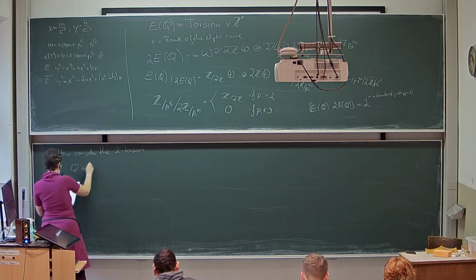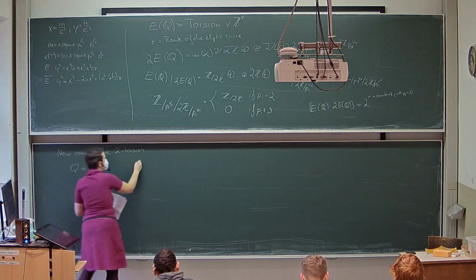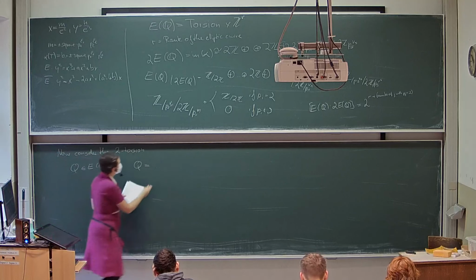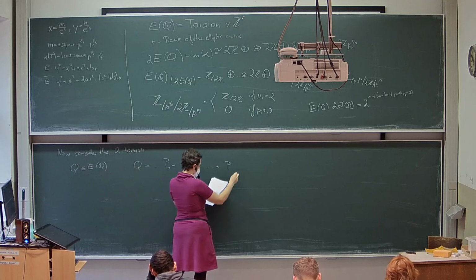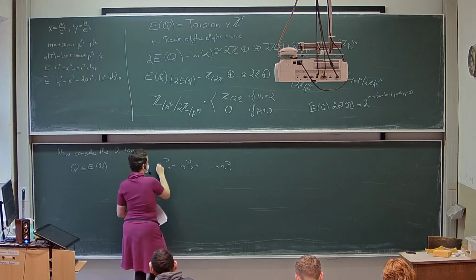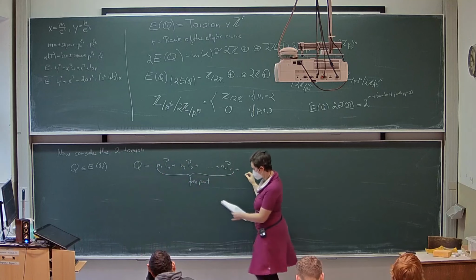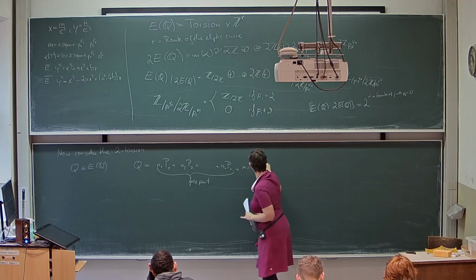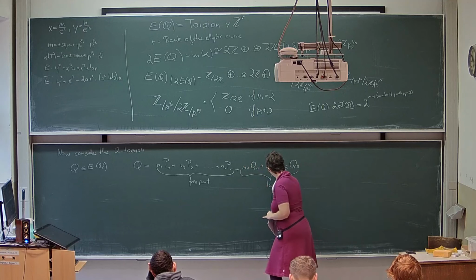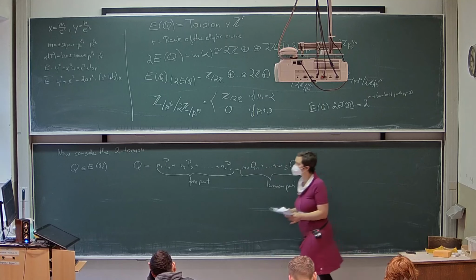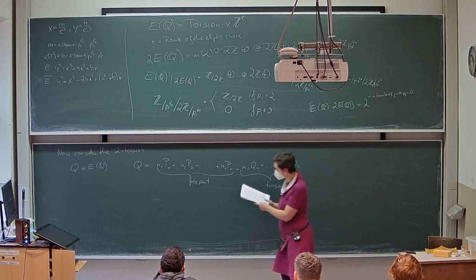So for just any point, since the group of rational points is finitely generated, we can of course find points in the free part, I take R, that we add up, and points in the torsion part, I call them Q, such that we can have Q as a linear combination of points from the free part and points from the torsion part.